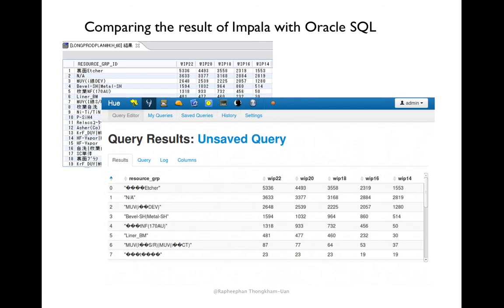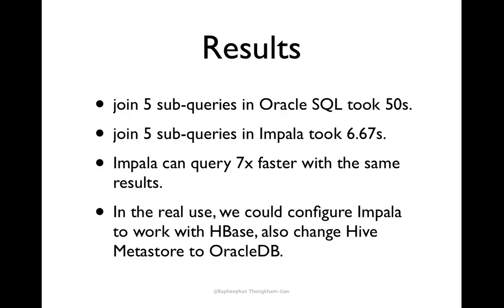And here is the result. The top left one is the Oracle SQL result, and the bigger one is the result of Impala. You can see that the results are the same, but the difference is here.